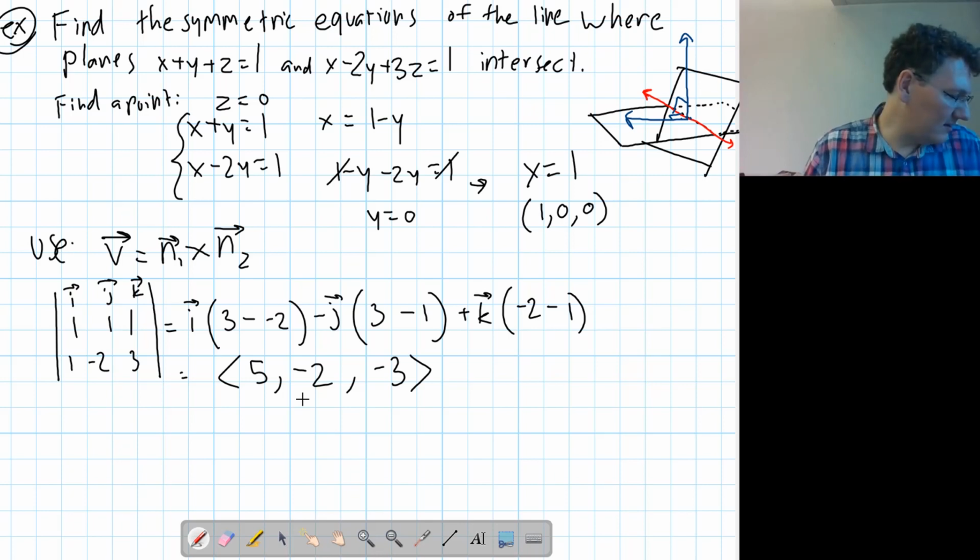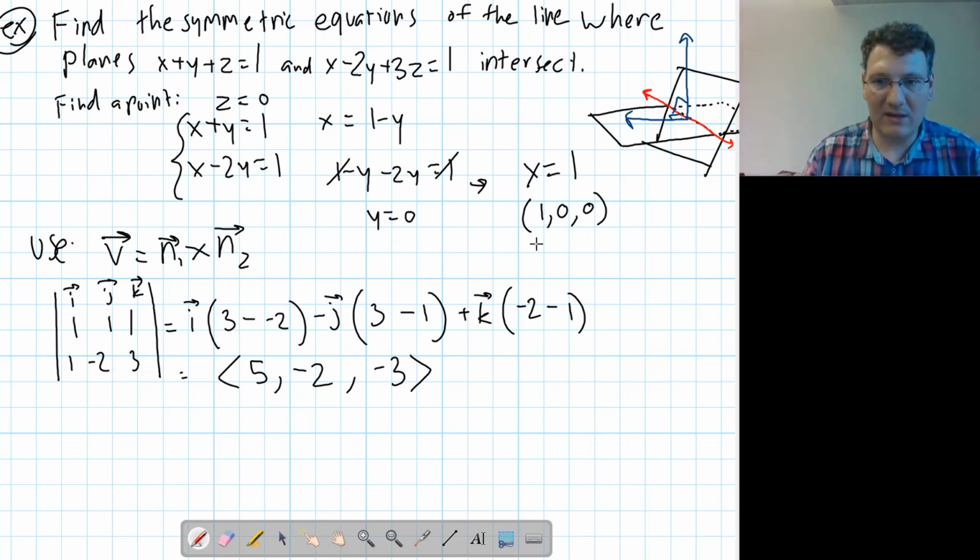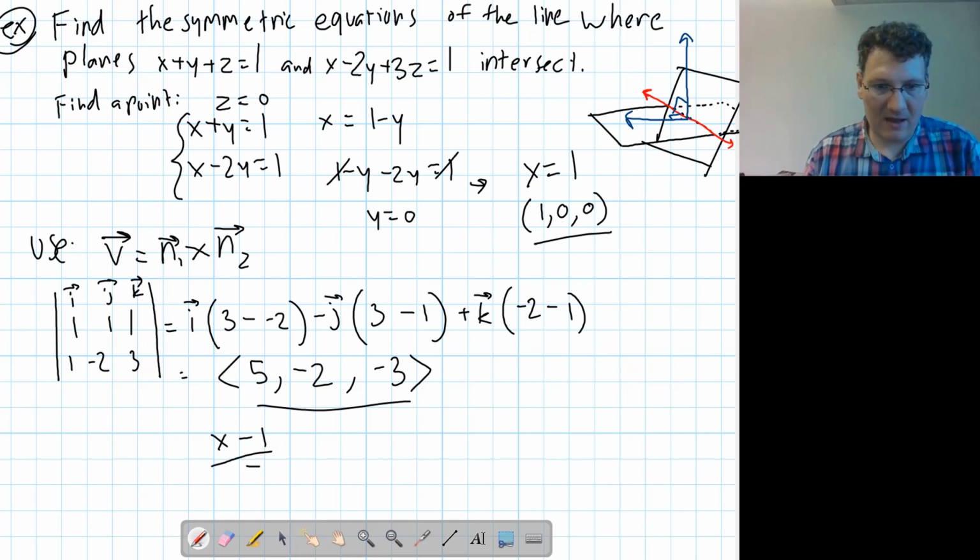So if we have the point and we have this vector, we can write the equation. The equation would be written x minus 1 over 5 equals y over negative 2 equals z over minus 3.